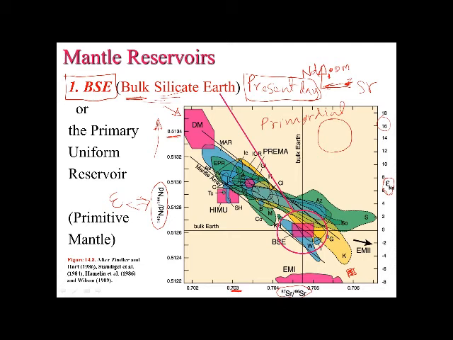I think you know that, right? What is differentiation? Chemical differentiation. What does the earth's chemical differentiation mean? That happened to the early earth. Any guess? What do you mean by earth's differentiation?